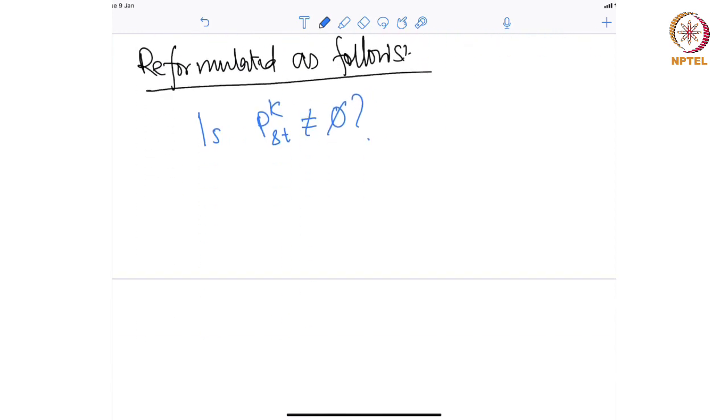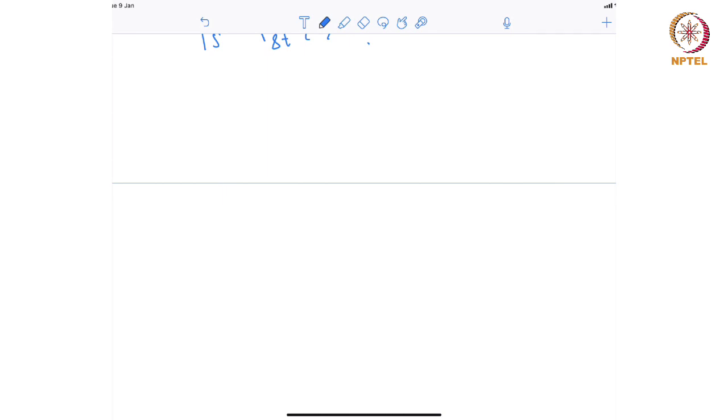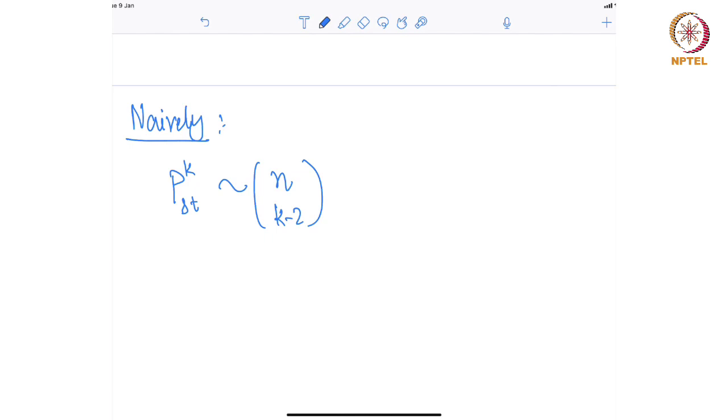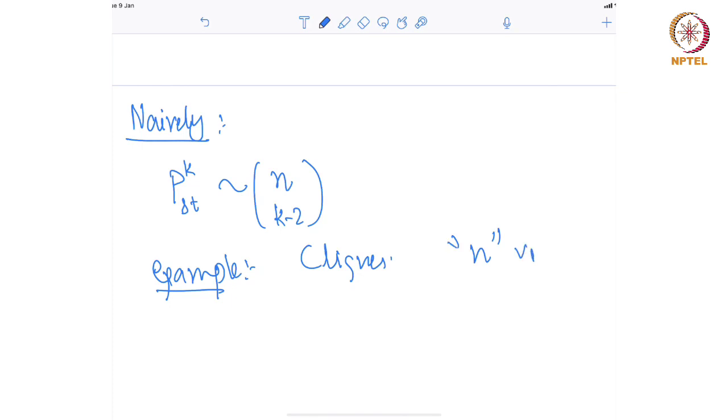But naively, if you notice, what could be the size of this? Well, this could be as bad as n choose k minus 2. Example, a clique. If you take a clique on n vertices and you fix two vertices S and T, then you look at any other k minus 2 size subset.